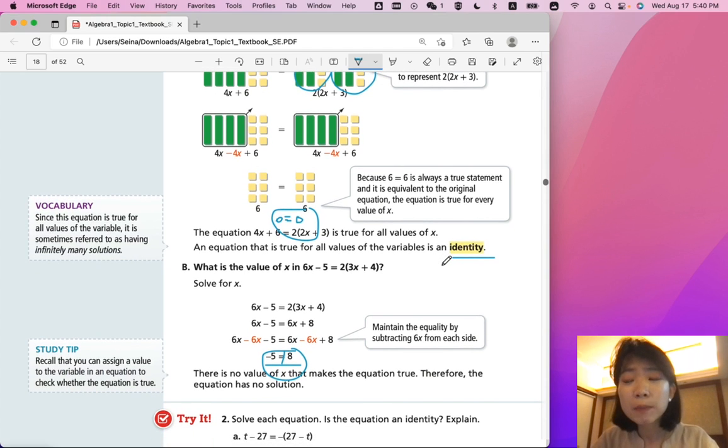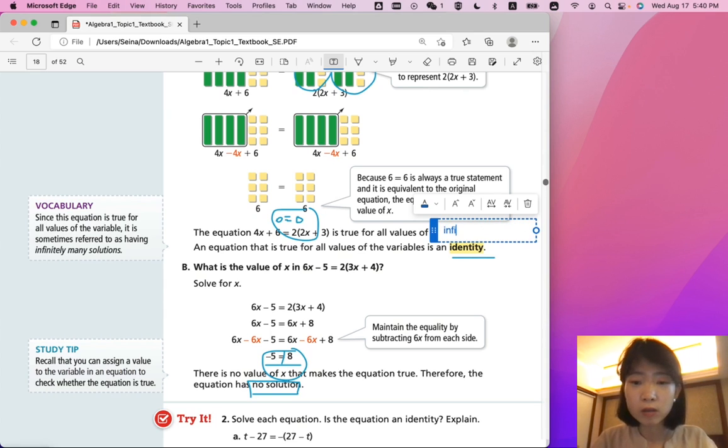So any numbers could be the answer. If your equation doesn't make sense and the equation is not true, the equation has no solution. So in this case, it's infinitely many solutions versus no solution.